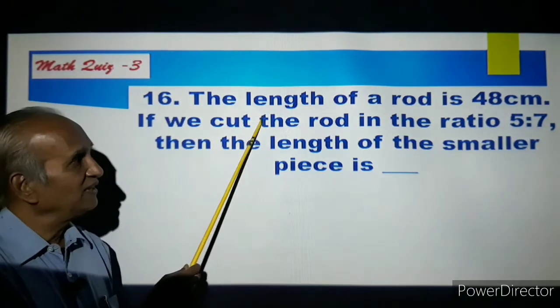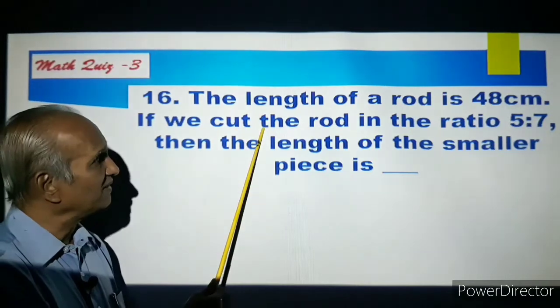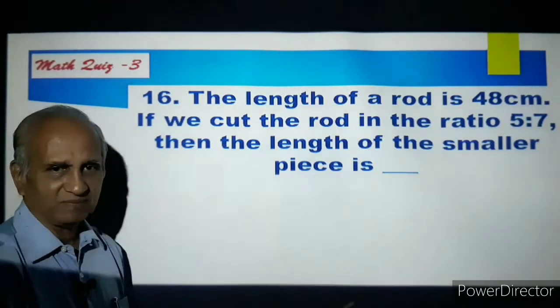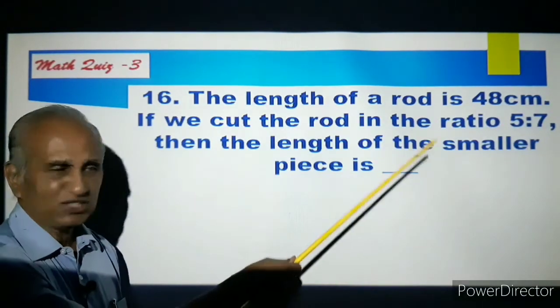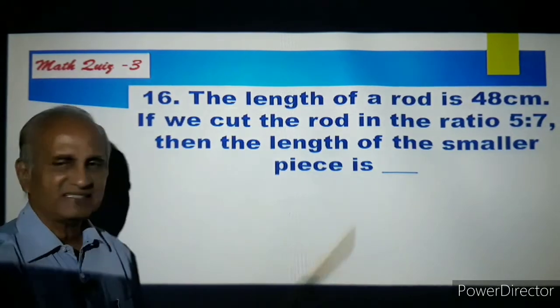16th question. The length of a rod is 48 centimeters. If we cut the rod in the ratio 5:7. That's the ratio, 5:7. Then the length of the smaller piece is.